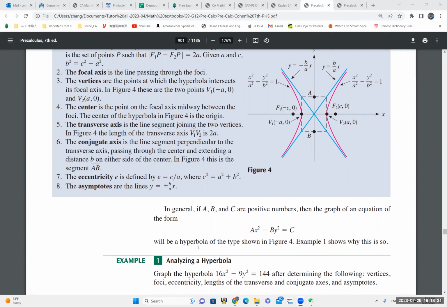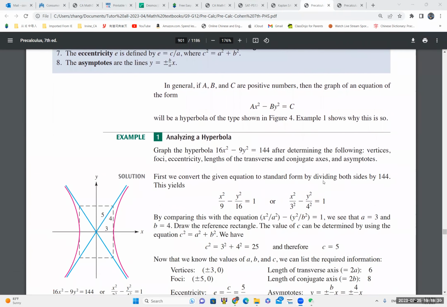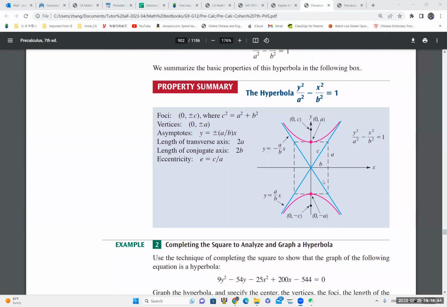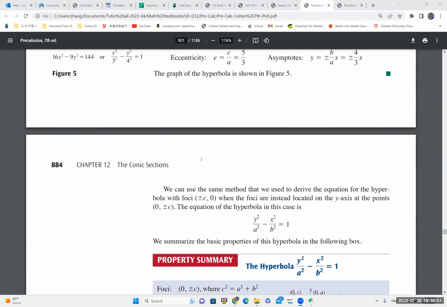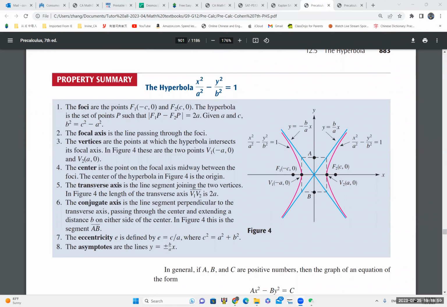This will be a hyperbola of the type shown. This time the transverse axis is on the y-axis, right? We call that the transverse axis, and the one perpendicular to it is called the conjugate axis.